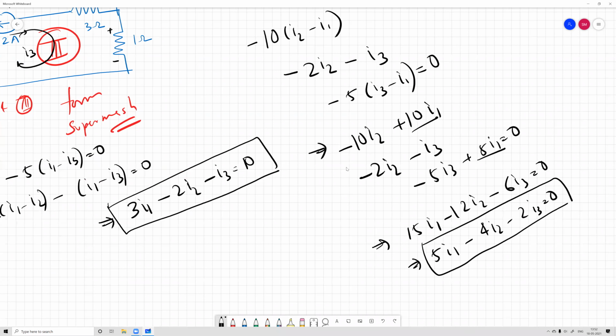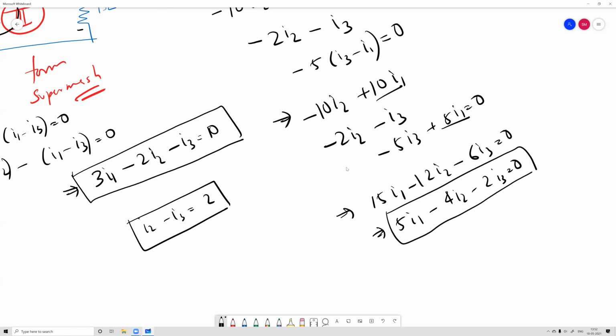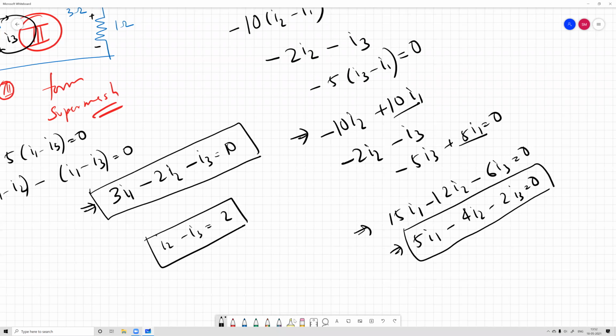So I got three equations, three unknowns, solve it. This is 10 by the way, okay, not 0. Write it properly.